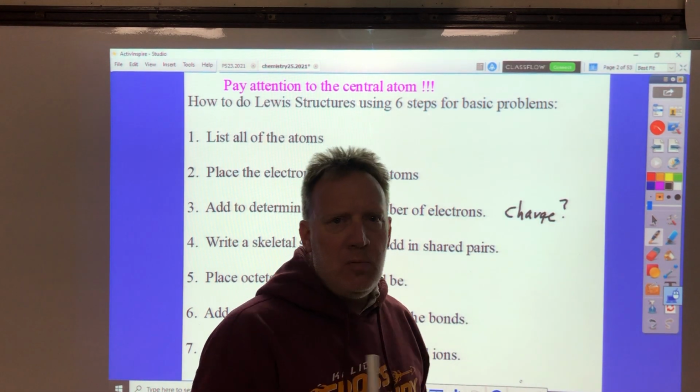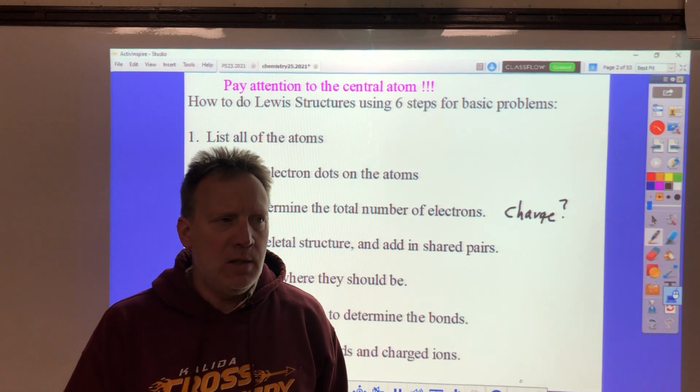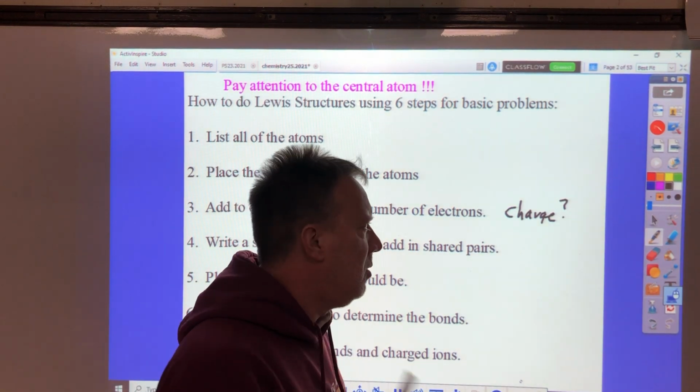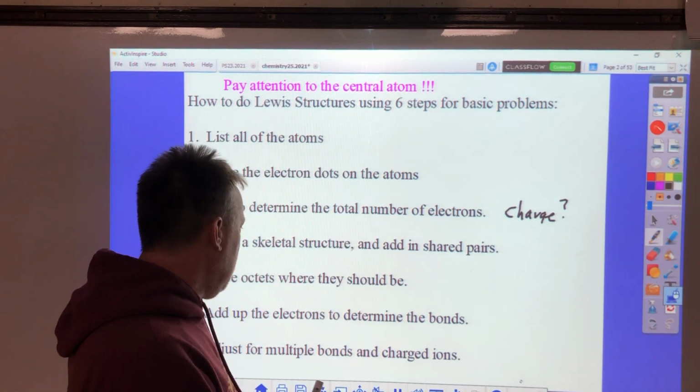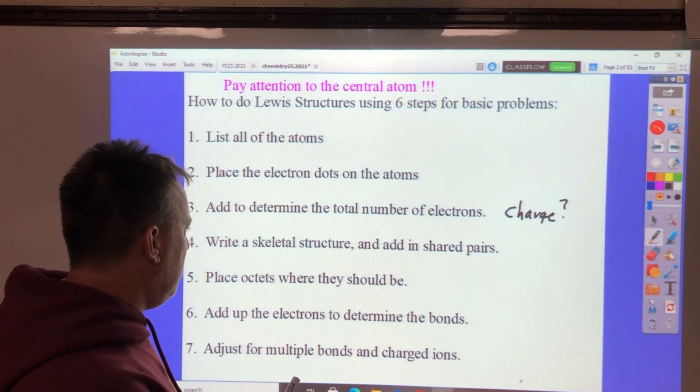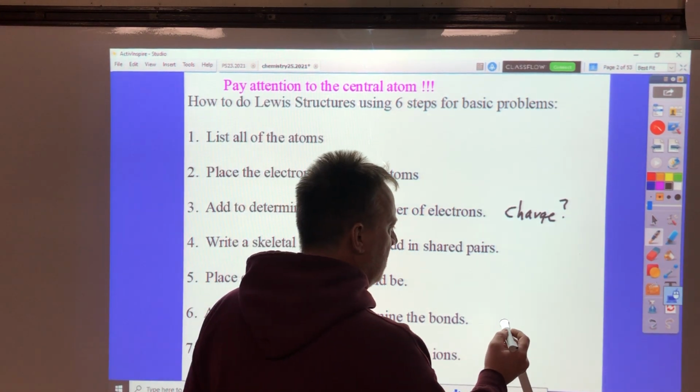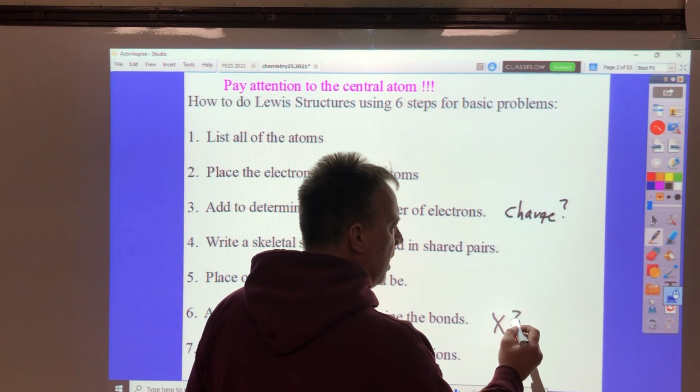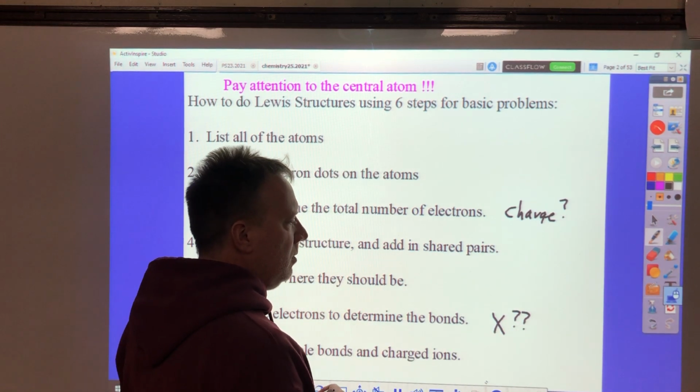It's going to be NO3 minus, 1 minus. It's going to have an extra electron, so we have to add 1 in. But when we get down to this part, we add up the electrons to determine the bonds, it's not going to be right. So then what do we do?